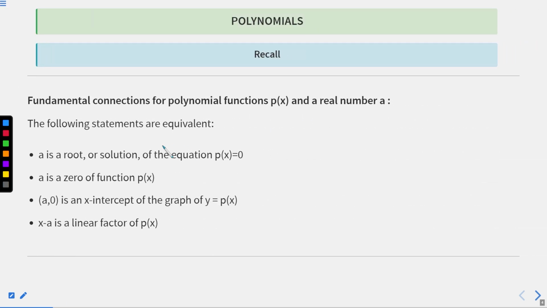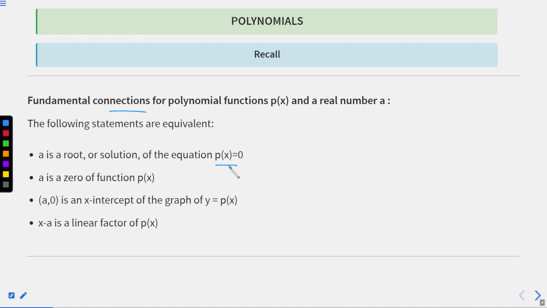Here we discuss fundamental connections for a polynomial function p of x and a real number a. If we have a polynomial p of x and a real number a, then the following statements are equivalent to each other. In the first statement, a is a root or solution of the equation p of x is equal to 0.